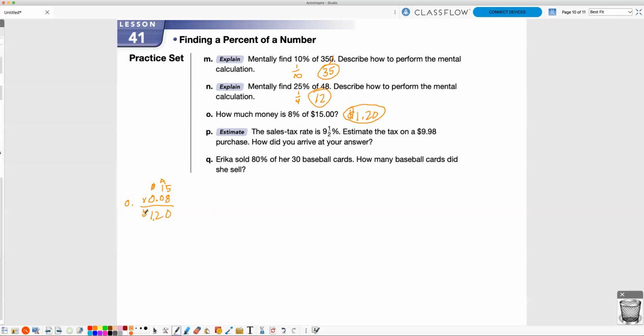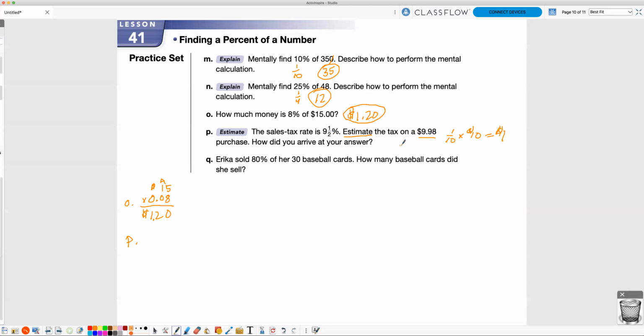Letter P. The sales tax rate is 9.5%. Estimate the tax on a $9.98 purchase. How did you arrive at your answer? All right, so for letter P, since it says estimate, I'm going to round this to 10%, and 10% is the same as 1/10. I'm going to round this to $10. And if I want to do 10% times $10, I would know that that's going to be $1.